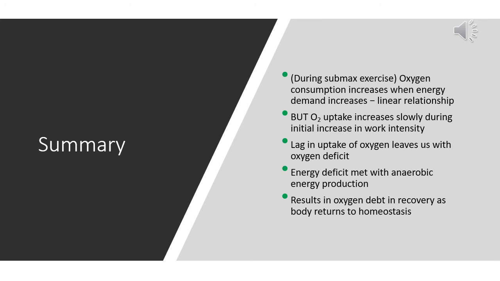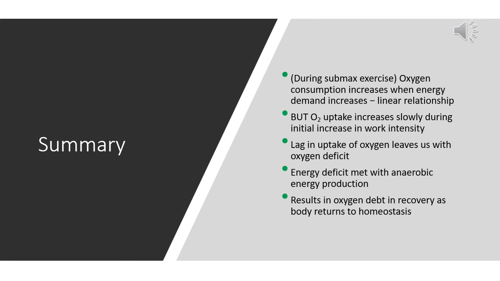Also, O2 uptake increases slowly during our initial work period, which links back to our oxygen deficit, so it doesn't immediately kick back in. As the third point states, that leaves us with an oxygen deficit, which we then need to replace with anaerobic energy systems like the creatine phosphate system and our glycolytic system to fill that deficit.